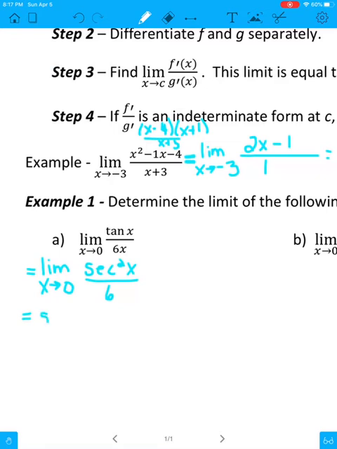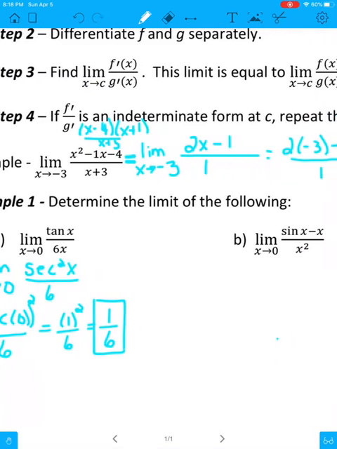I'm going to get secant squared of 0 over 6. Now secant of 0 is just cos flipped. Well, cos at 0 is 1. Secant is 1 flipped, which is 1. So I'm going to get 1 squared on the top over 6. So it's 1 over 6. And we're done.